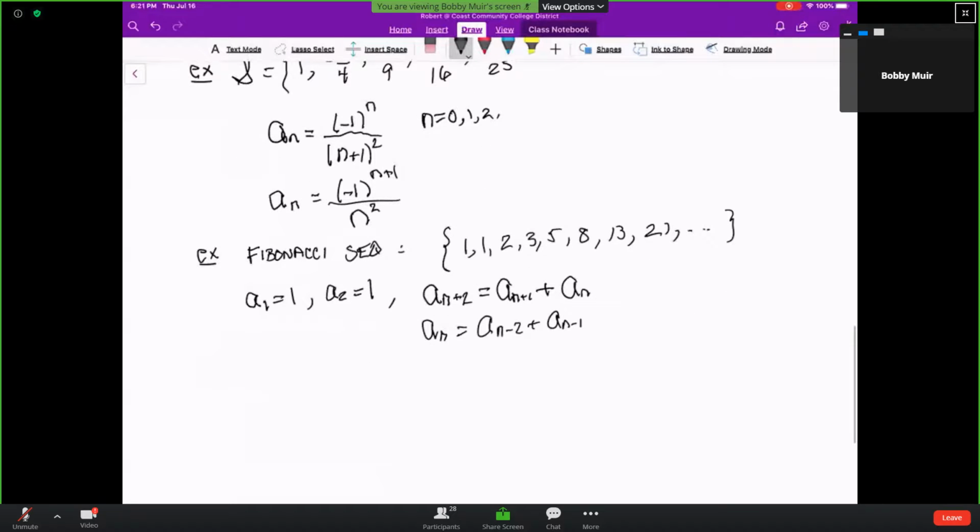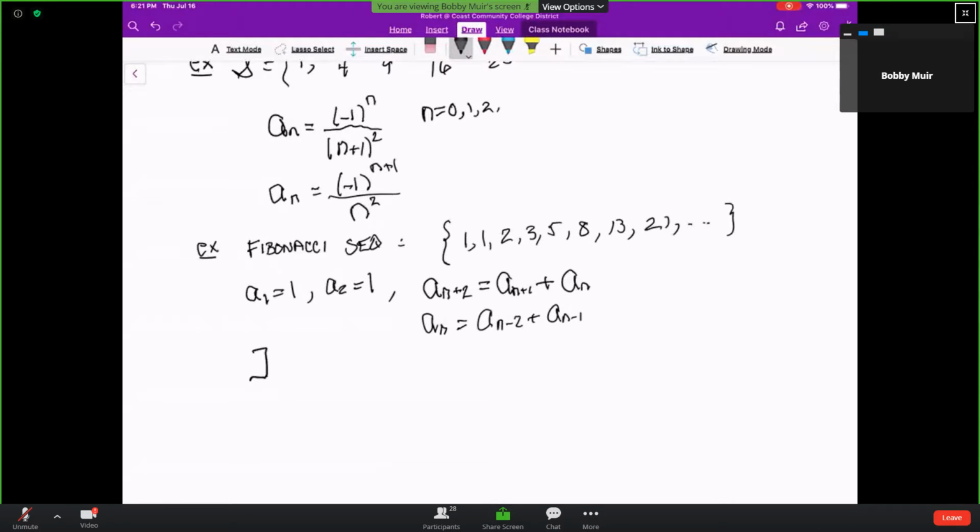Now, there exists a formula for A sub n. Someone was talking about it one day in the Lewis Center, and he wrote it down.